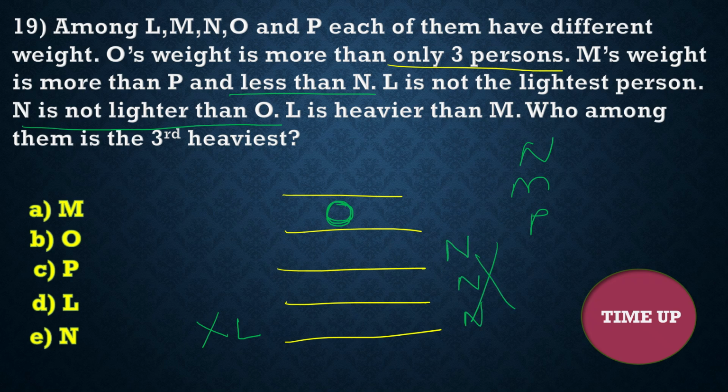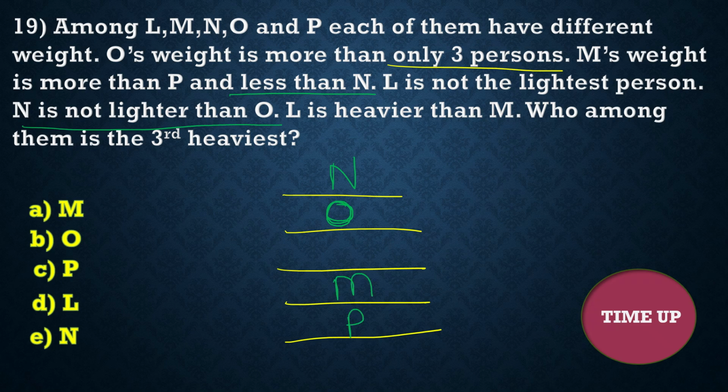I can't place N here in any of the three places because they have said N is not lighter than O. So that means what place is left for N? N will come here. So if N comes there, then M and P, I will place here.